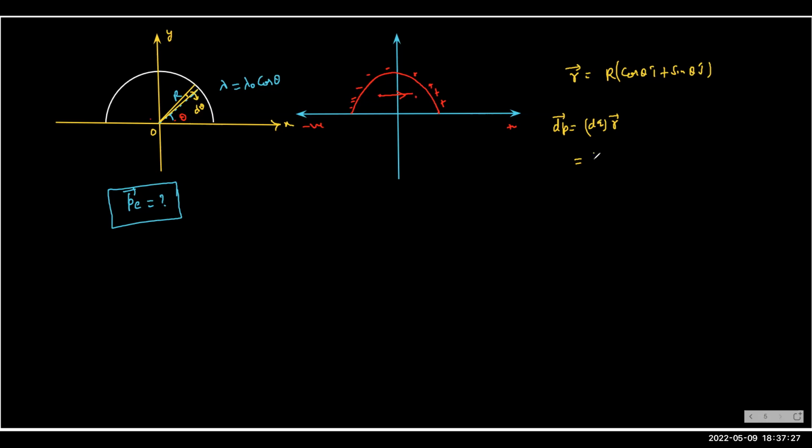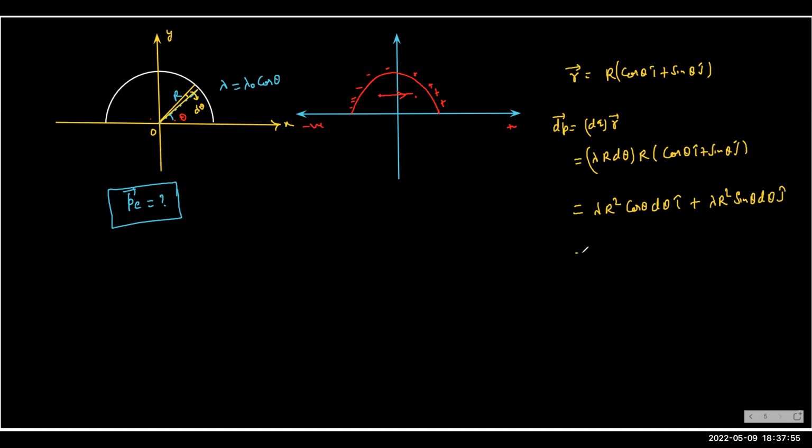And dq we can write as lambda r d theta. So what we get is lambda r square cos theta d theta i cap plus lambda r square sin theta d theta j cap.